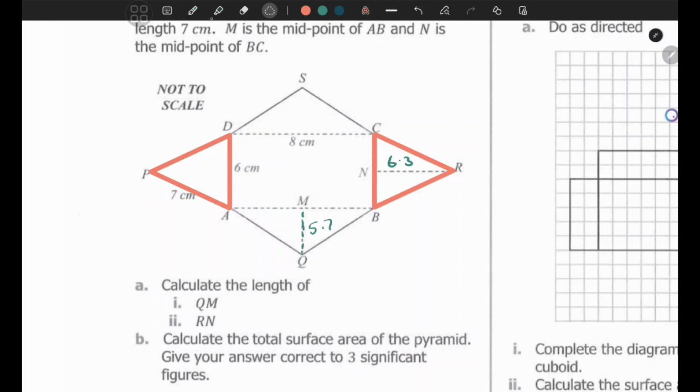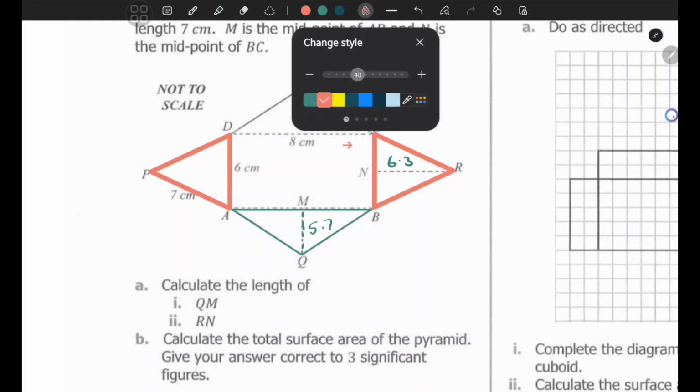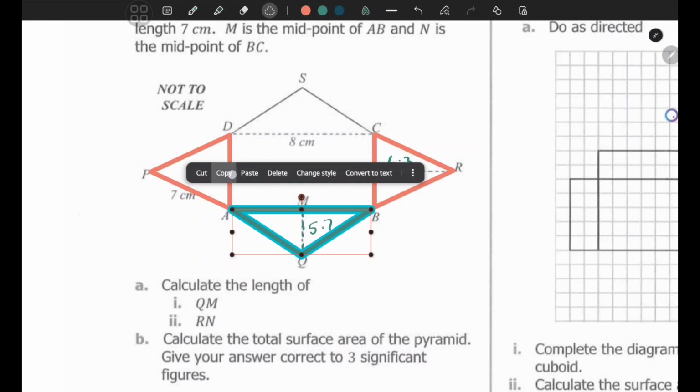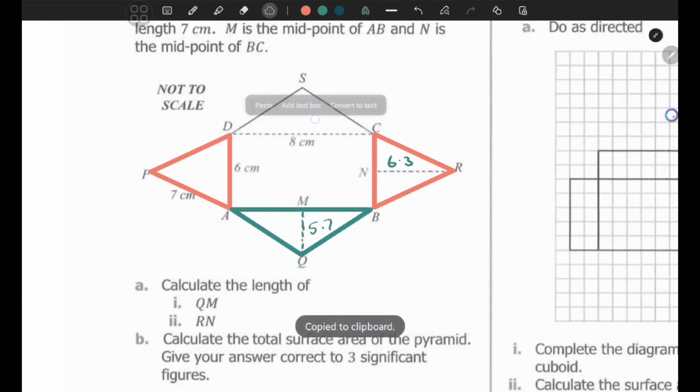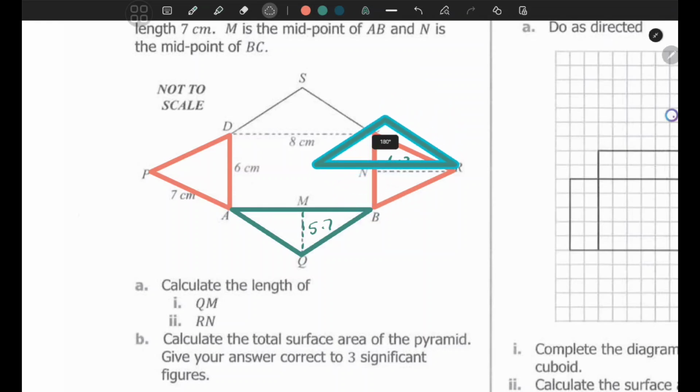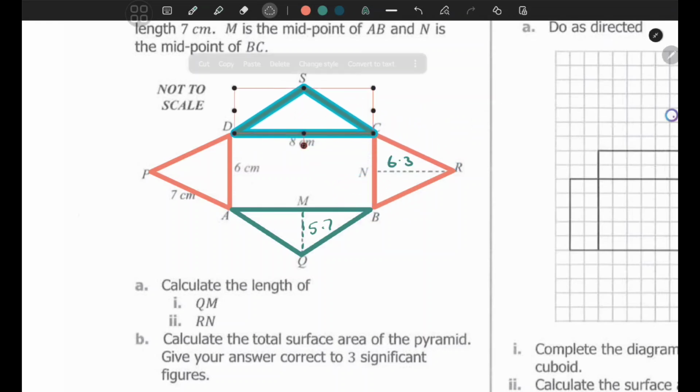So we have 2 of these, and then we have this triangle, which is the same as this triangle. Yep. And then we have this rectangle in between.